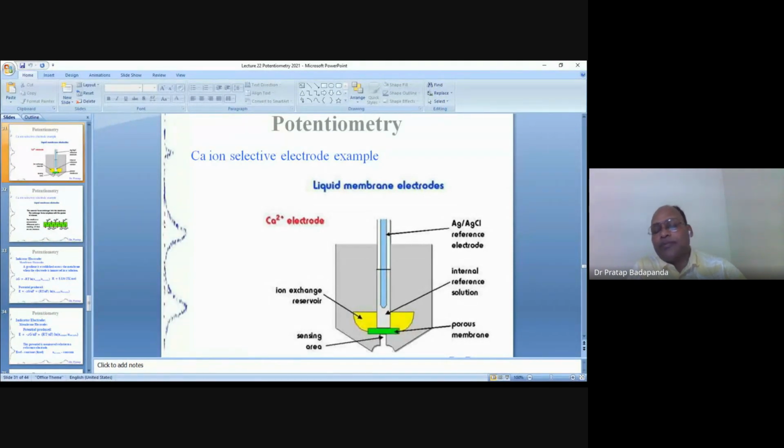There is a silver and silver chloride reference electrode, an ion exchange reservoir, a porous membrane, and a voltage sensing area. An internal reference electrode is used. So these are the liquid membrane electrodes.